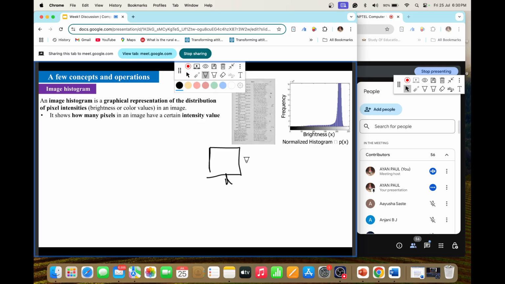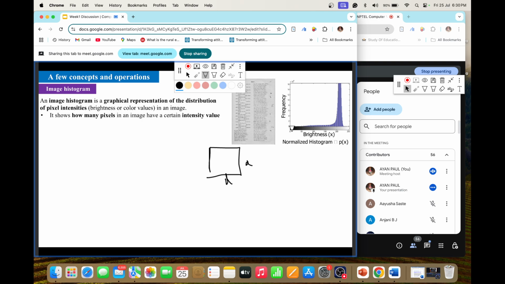Let's say this is a d cross d image, so we have d pixels in the row and d pixels in the column. Now for each pixel value, 0 is occurring how many times, that is the frequency of 0. Then 1 is occurring how many times, that is the frequency of 1. Like 200 is occurring how many times, that is the frequency of 200. That is the image histogram.